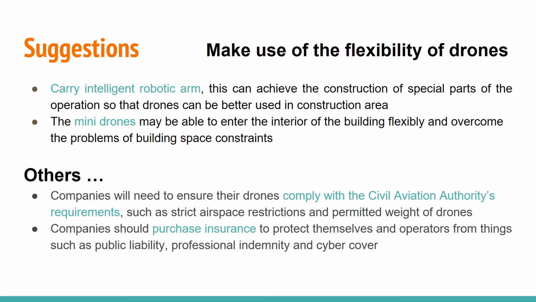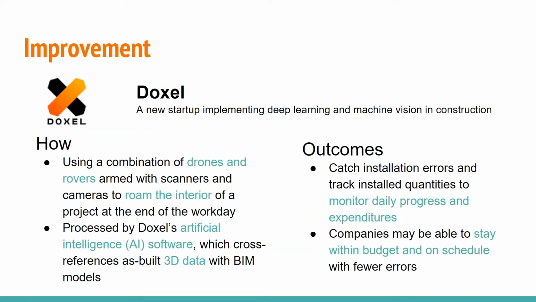Other suggestions, like companies need to ensure their drones comply with the Civil Aviation Authority's requirements and purchase insurance to protect themselves and operators. There is an improvement in drones.